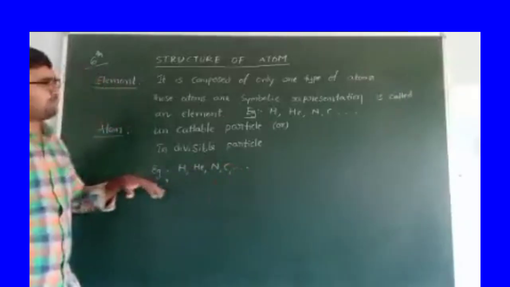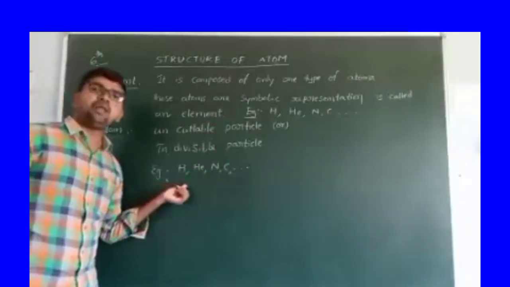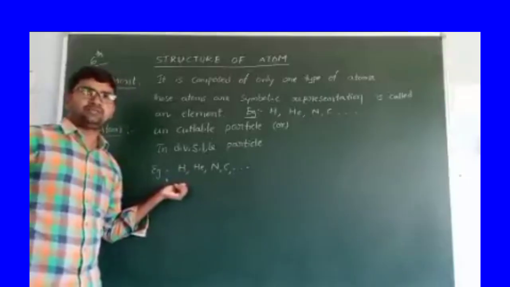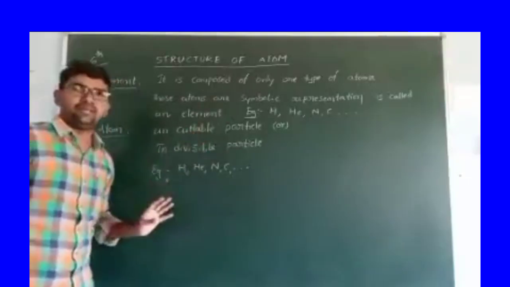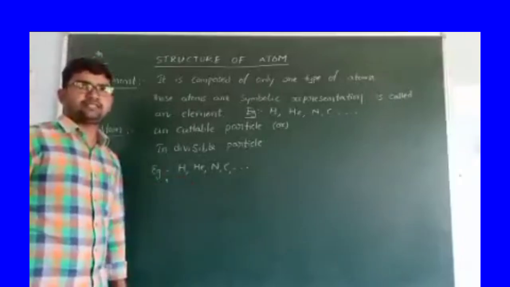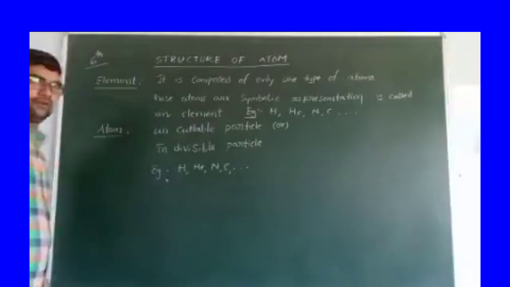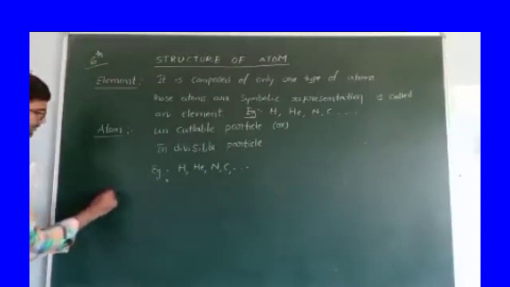What makes the difference between these two is that these are the very smallest part we have taken from the hydrogen element. That is called a hydrogen atom. Okay? Right. Now, what is a molecule?